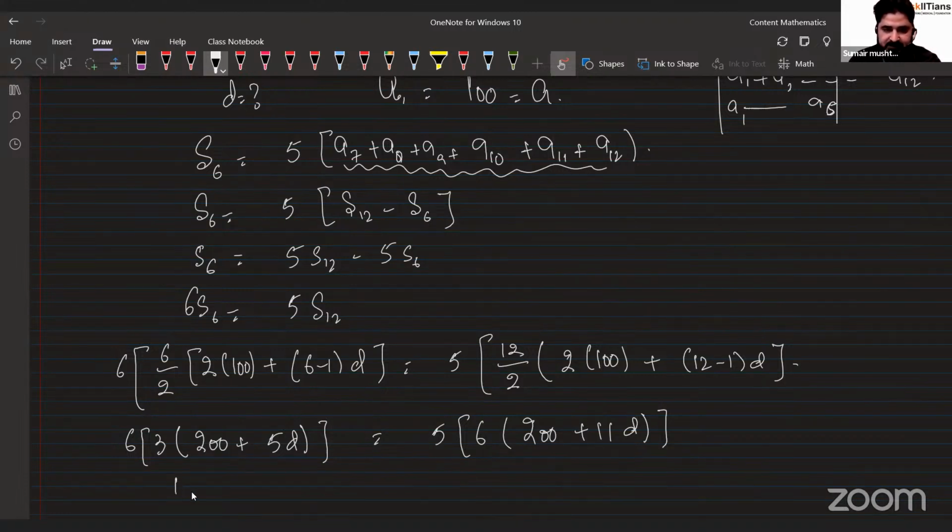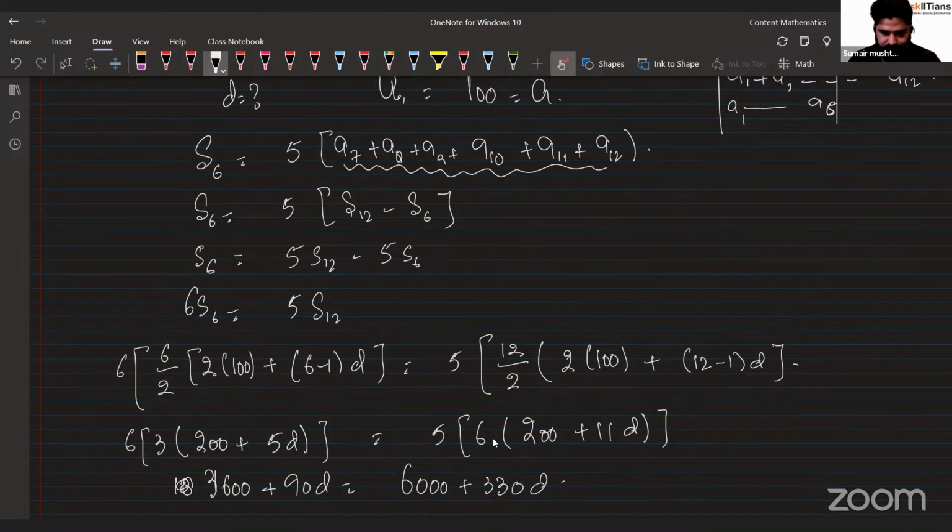This is 18 times 200, which is 3600, plus 18 times 5, this is 90d. And this is 30 into 200, which is 6000, plus 30 multiplied by 11, this is 330d.